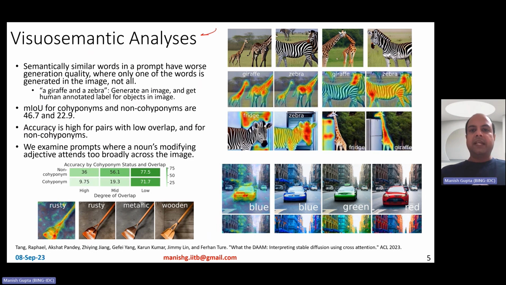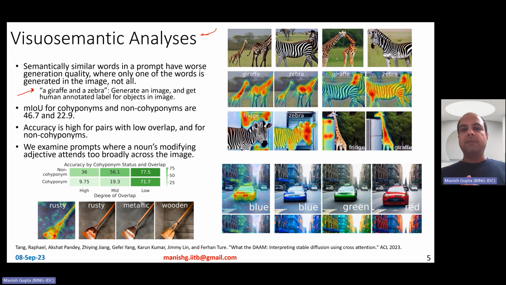So what is visio-semantic analysis? They took words which are co-hyponyms. An example is a giraffe and a zebra. Giraffe and zebra are co-hyponyms because they both belong to the same node in WordNet. WordNet is a network of concepts, and words are arranged in a hierarchy.